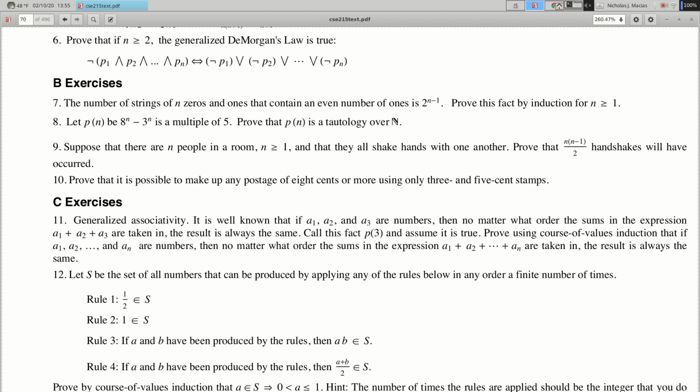This is handshakes. So we add in plus one person, we get n more handshakes. The name can get confusing, but this is handshakes. Just plus one person. Oh, so that's extra handshakes.